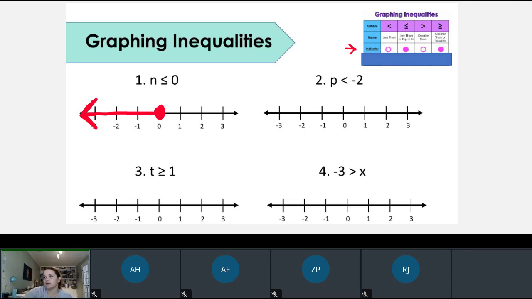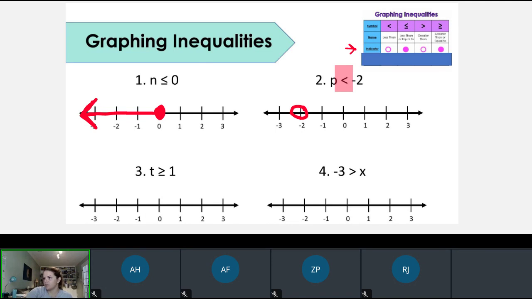Let's do another one together. Number 2, p is less than -2. I'm going to draw a circle around -2. I'm going to leave this circle open because my inequality sign is strictly less than.